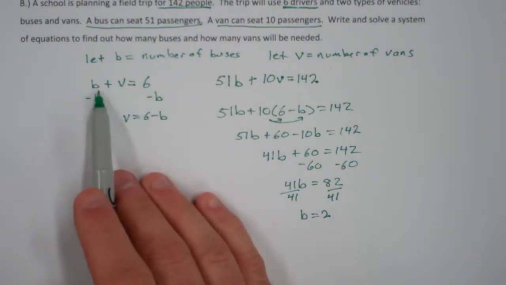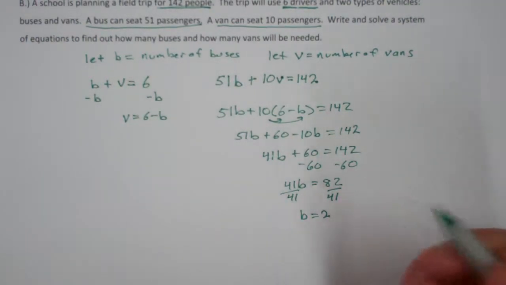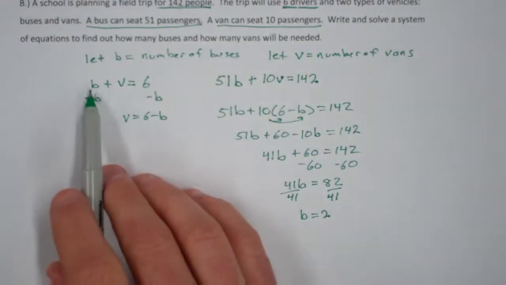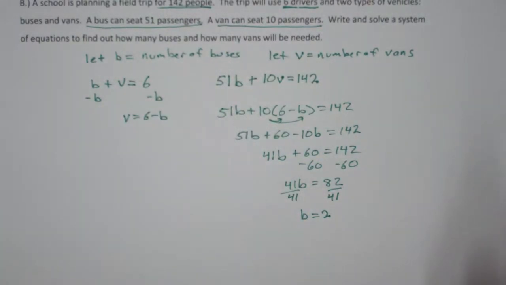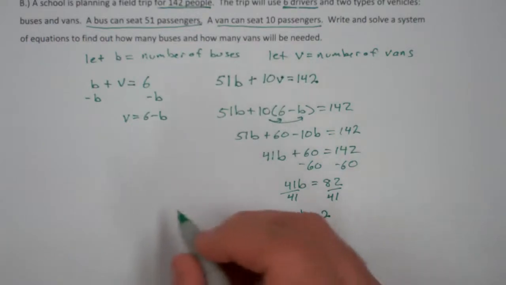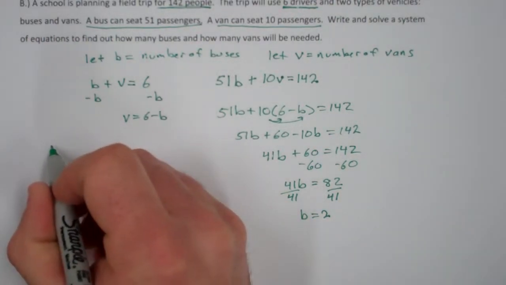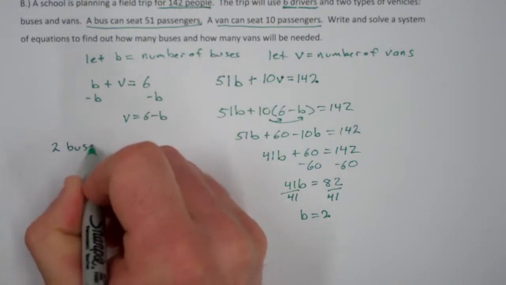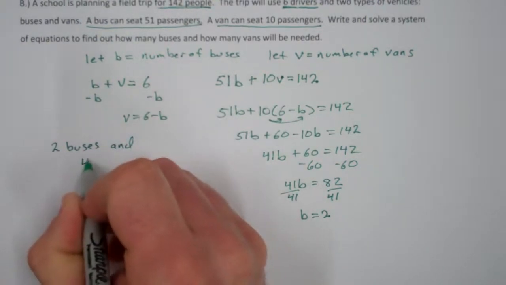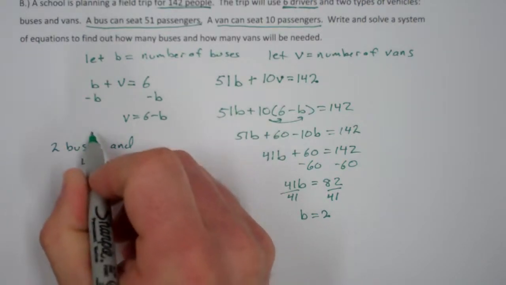You could plug it in here and subtract 2 and all that. But we know, just reading this question and looking at this algebraic statement, that the number of vans has to be 4. So we're going to write there are 2 buses and 4 vans. We think that's our solution.